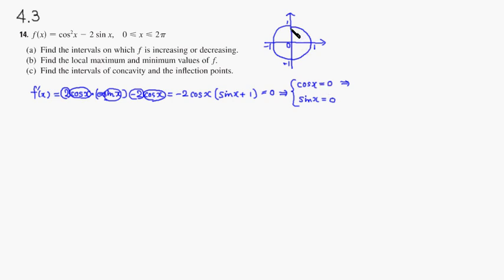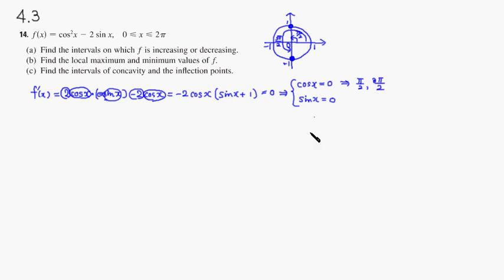The points on the circle that have x-coordinate 0 are this point and also that point. So the angle we're looking for is right here, which is pi over 2, or you can go all the way around to here, which is 3 pi over 2.